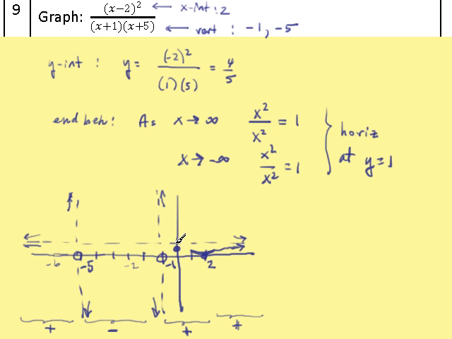Have it go through this intercept and continue up. So that's that piece of the graph. Now this piece, all right, we have this arrow going down and this arrow going down, and we have to connect them. So we're just going to do that. Let's have it go up. It doesn't touch the x-axis because we don't have another x-intercept, so it's just going to go up and down over here. And on this side, we'll just connect these 2 arrows.